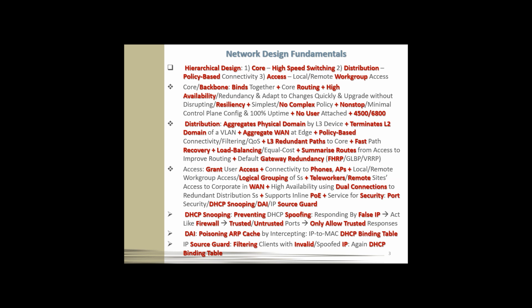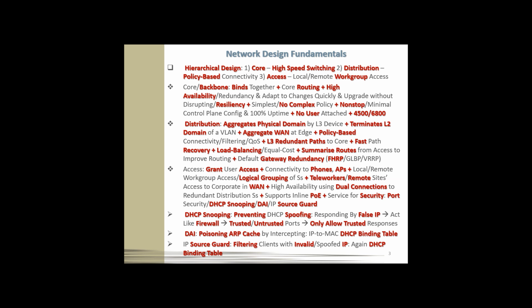So DHCP snooping, we have seen, acts like a firewall between untrusted hosts and DHCP servers. You use DHCP snooping in order to differentiate between untrusted interfaces connected to end users, let's say, and trusted interfaces that are connected to a DHCP server or another switch.